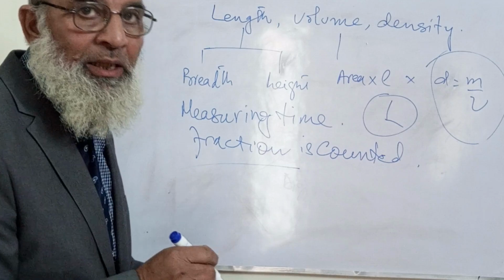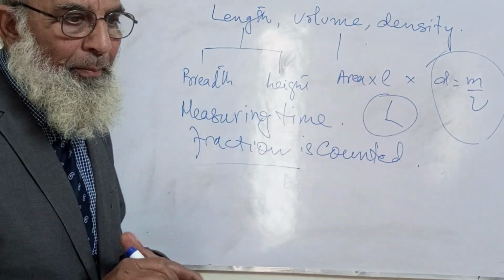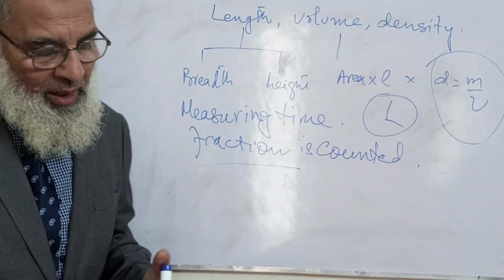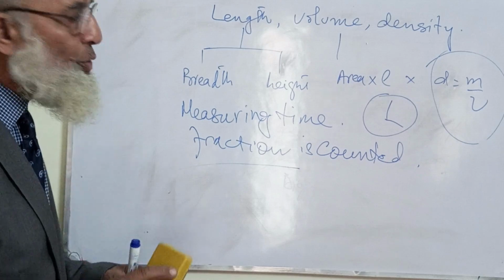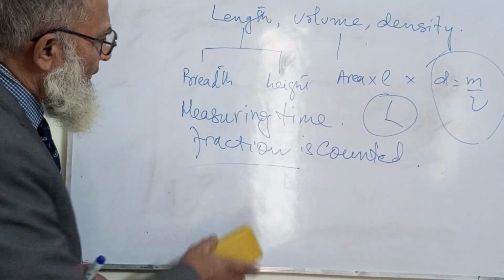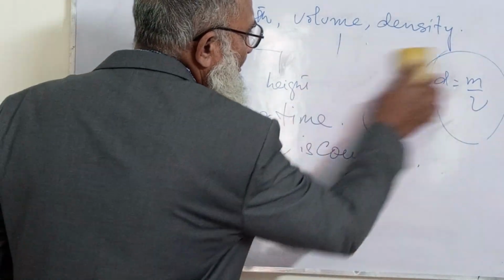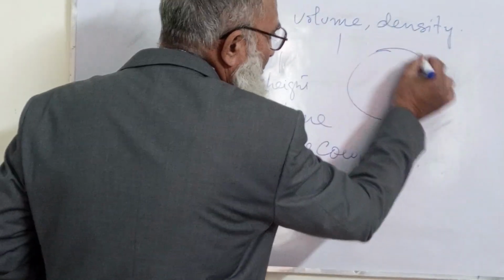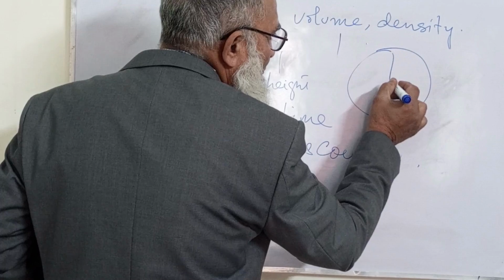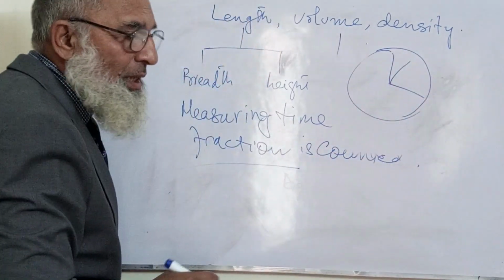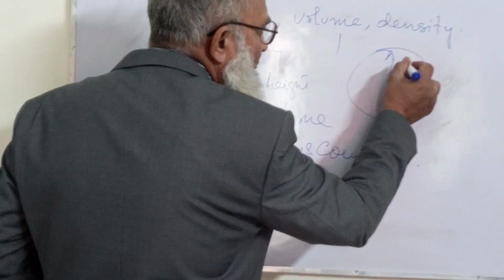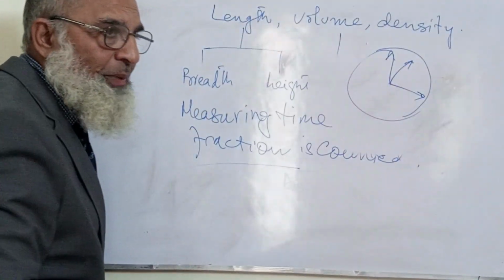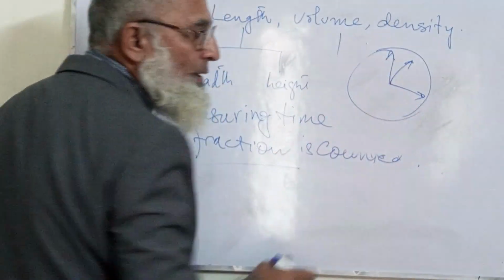How many hands are there? Usually there are three hands in a clock, like this. This is a clock, and there are three hands. One, two, three hands, or arrows, or pointers. You can say whatsoever.